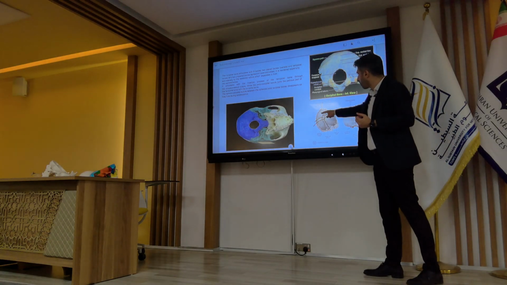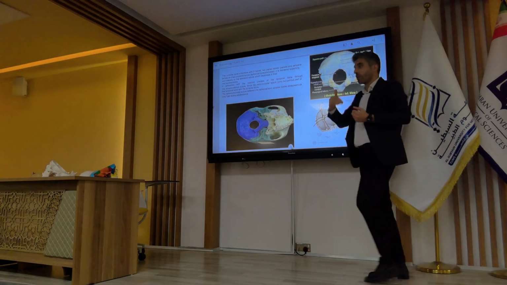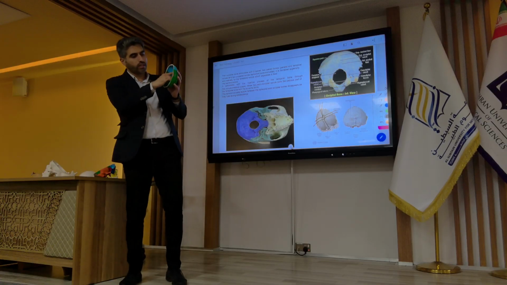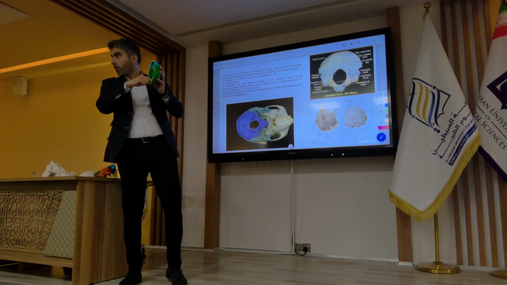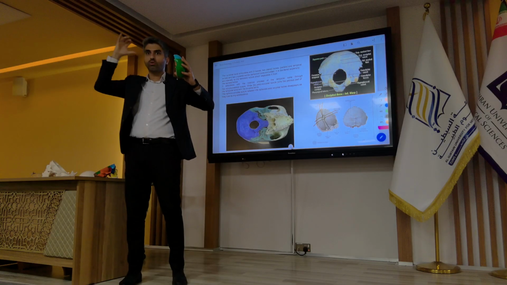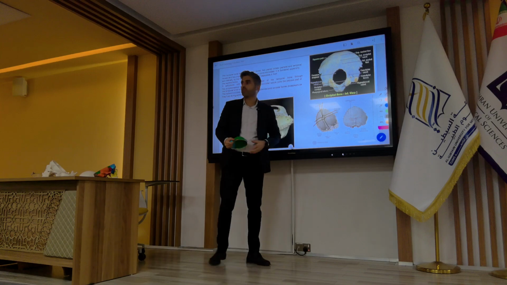And the upper part is superior sagittal sinus. I told you we have it here in the roof of the skull, so it goes back for attaching to the confluence of the sinus. This is groove for superior sagittal sinus.